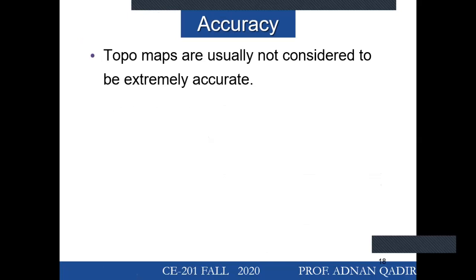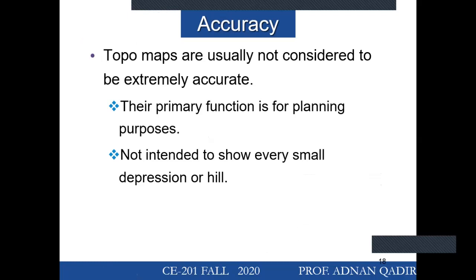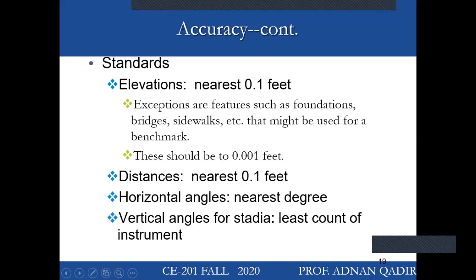Topographic maps are not usually considered to be extremely accurate. Their main function is for planning purposes. It is not intended to show every small depression or hill. Most measurements can be taken with accuracy less than the least count of the instrument. For instance, elevations are taken to 0.1 foot. So it might be 2.004 feet, but we'll take this as 0.1 feet.